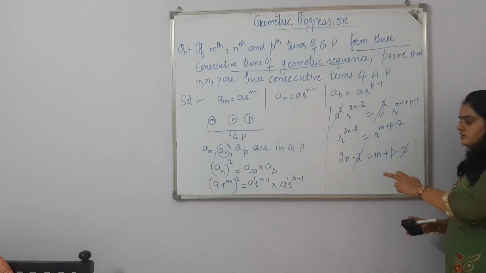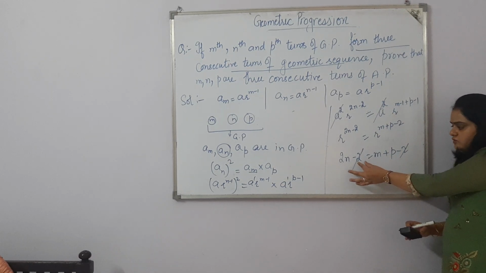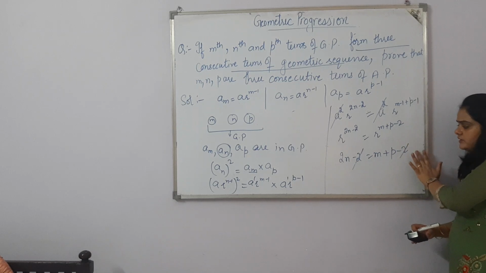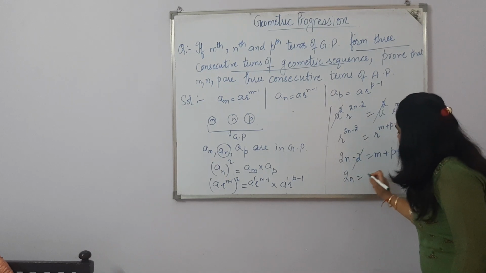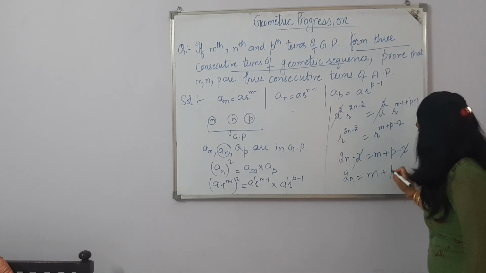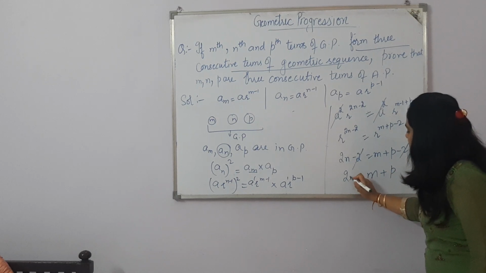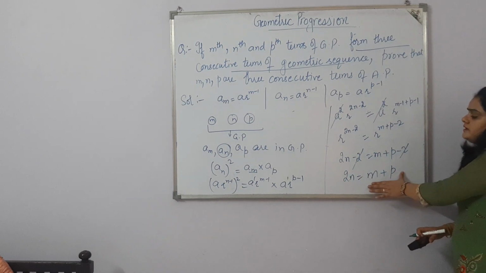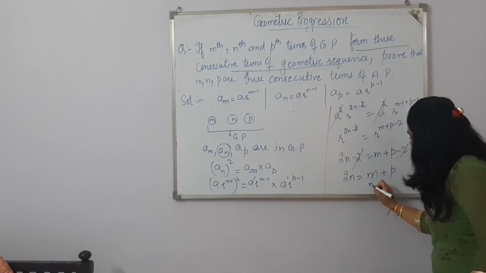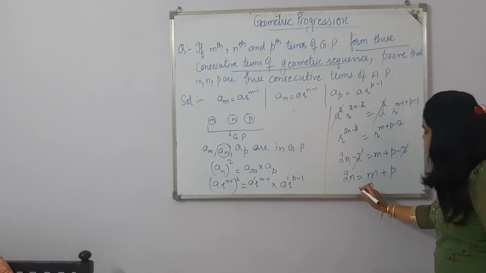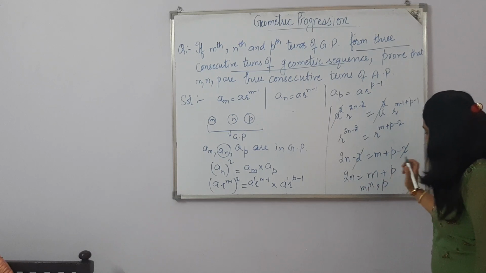Minus 2 will cancel out with minus 2, or you can bring this minus 2 to the other side, where it becomes plus 2. So minus 2 will cut with plus 2 and what remains is 2n is equal to m plus p. Twice the middle term is equal to the exterior sum.